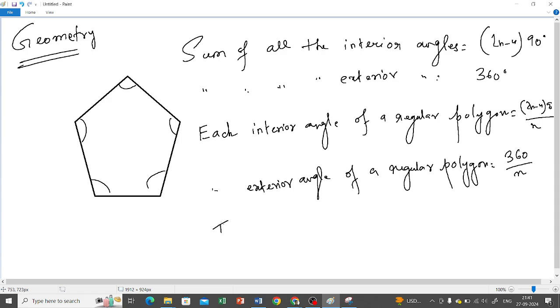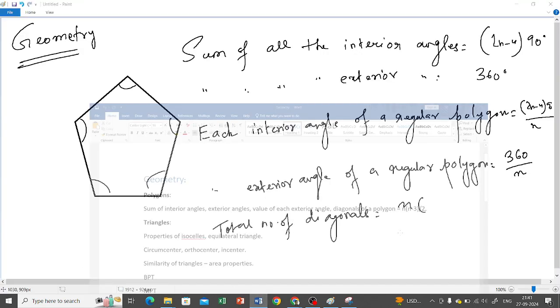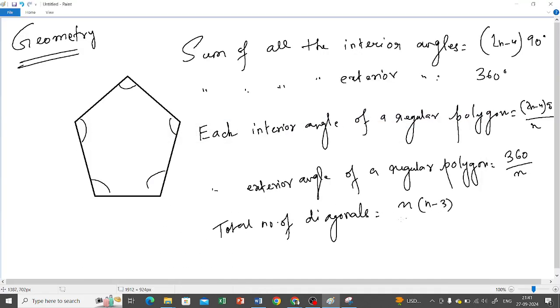Total number of diagonals is n into (n minus 3) by 2. Total number of diagonals. After you are done copying, let me know. Done, sir.